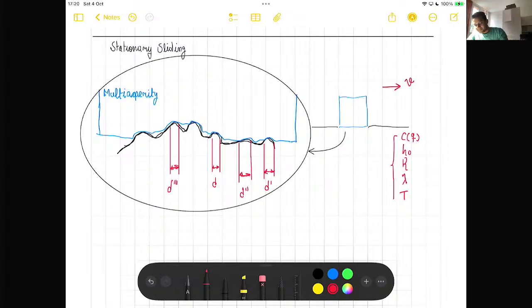So, actually, not this. These are the parameters regarding the surface roughness.